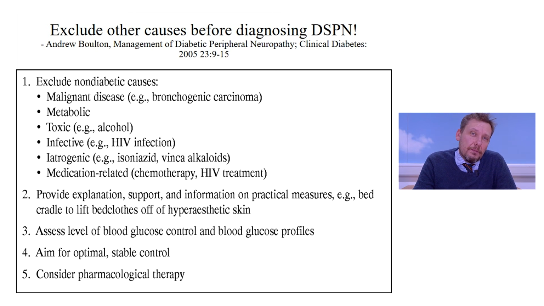Now, this may well be due to the methodological issues of actually defining and measuring neuropathy that we've spoken about already in this talk. But there is relatively little evidence that very strict diabetes control in individuals with type 2 diabetes for quite some duration has that much impact on neuropathy outcomes.